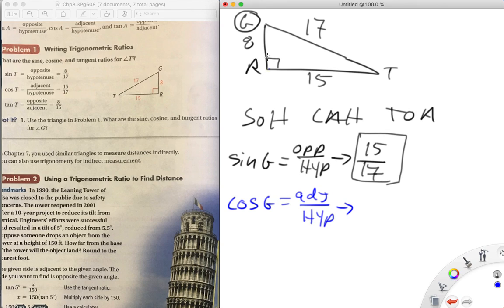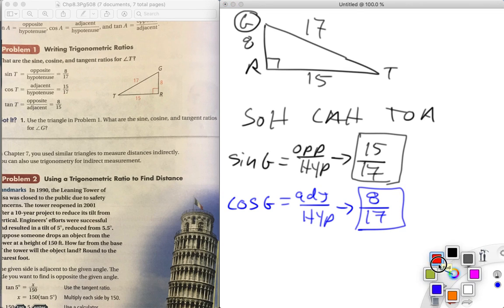Remember, adjacent is the side that touches G that's not the hypotenuse. 17 is the hypotenuse. We don't use that. We use the adjacent side, which is in this case 8. And it's going to be 8 over the hypotenuse, which is 17. Simplify if you can. I cannot, so it's 8/17. Then we have the tangent.